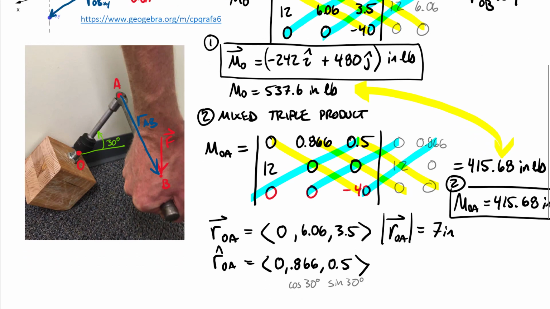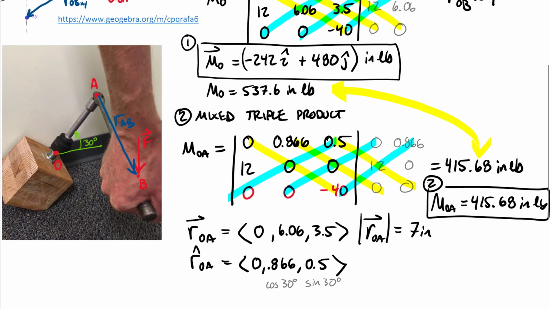We then asked how much of that moment is actually around our extension OA, or fundamentally around that bolt that we're trying to loosen out of the block along line OA. And so we dotted that moment onto line OA. If you wanted to check, you could dot this vector with this vector, and you should end up with the same value that we found right here. This mixed triple is fundamentally just doing that dot product for us.